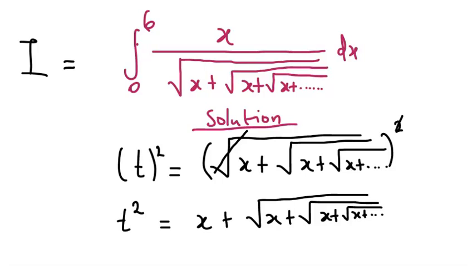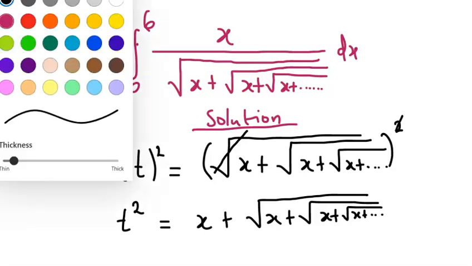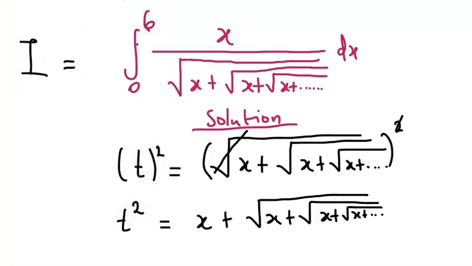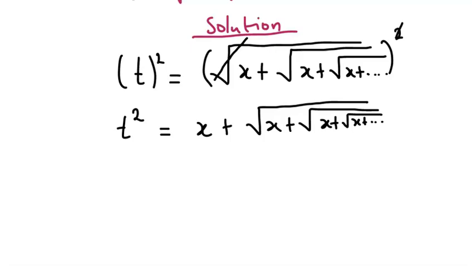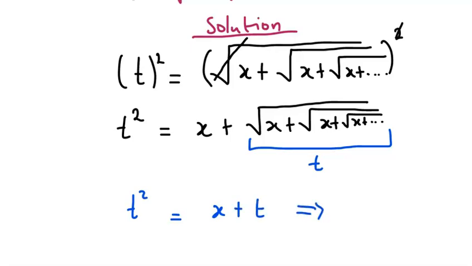But did you realize something here? There's something really cool here. So here, this is our t. Don't forget that, right? So we have t squared is equal to x plus t. Now, to solve for x in terms of t, our x is equal to t squared minus t.